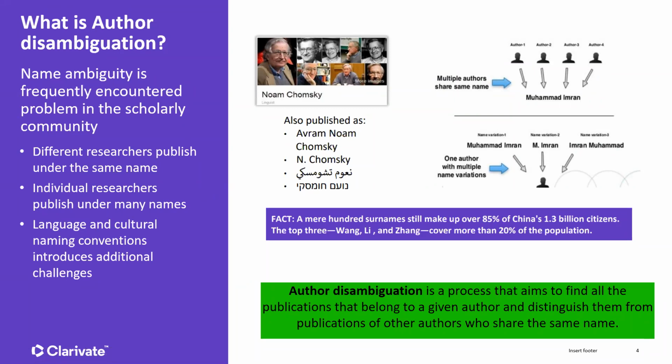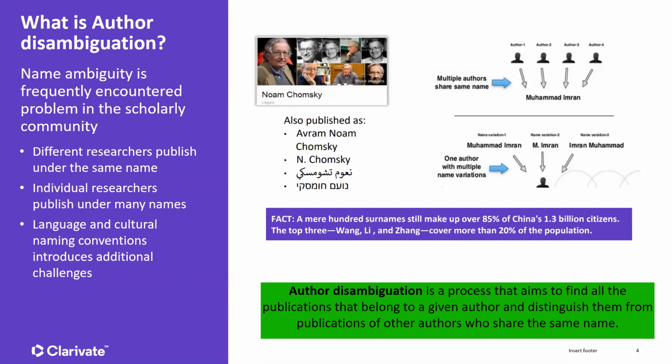Well, name ambiguity is a frequently encountered problem in the scholarly community. There are different researchers that, for example, publish underneath the same name, and individual researchers that publish under many names. And then we have language and cultural naming conventions that introduce additional challenges, as you can see from some of the examples on the screen. So Noam Chomsky, we can see, is also published under various names, and yet it's still the same person.